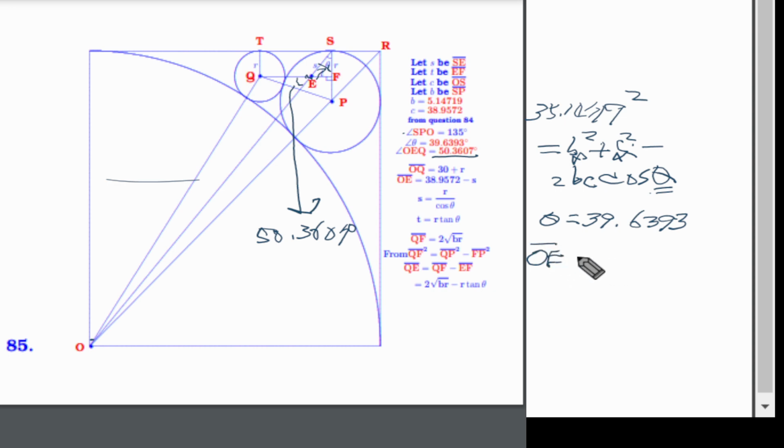OE will be C minus S. And as you saw, from this right triangle you can get the value of S as S equals R over cosine theta, which means cosine theta is adjacent over hypotenuse, and then you just rewrite and you will get that. Okay, again, let me erase.